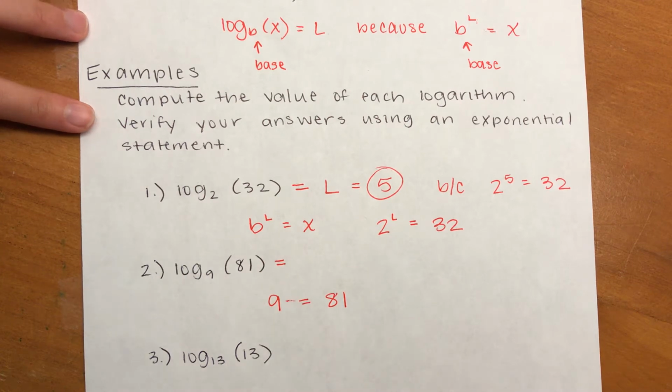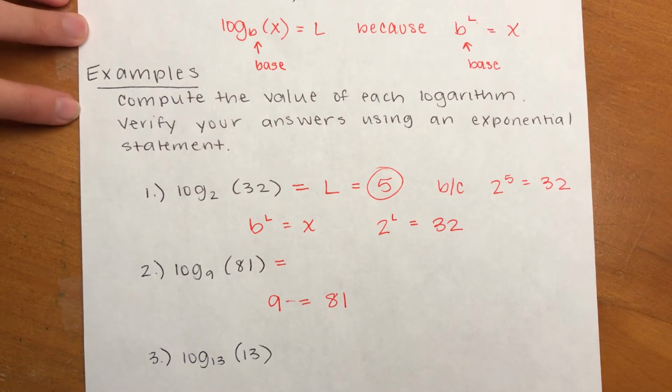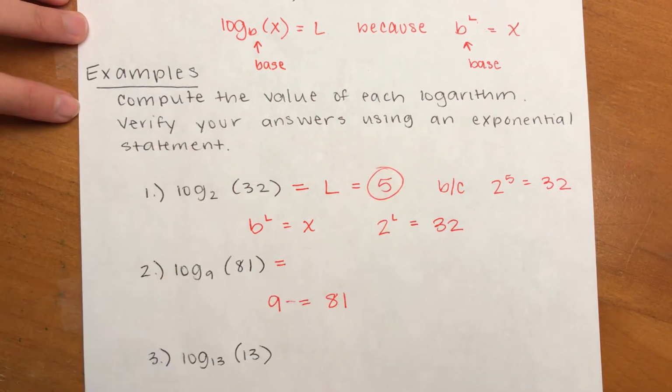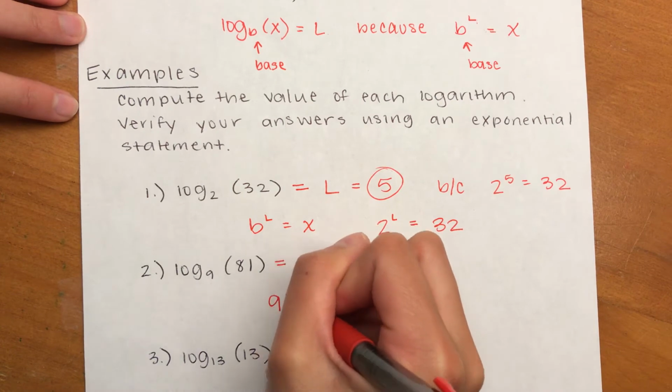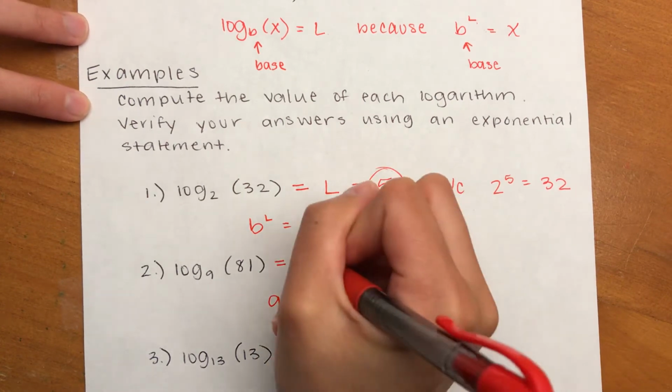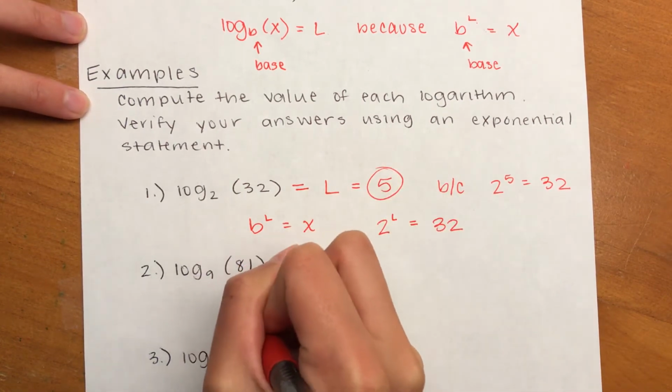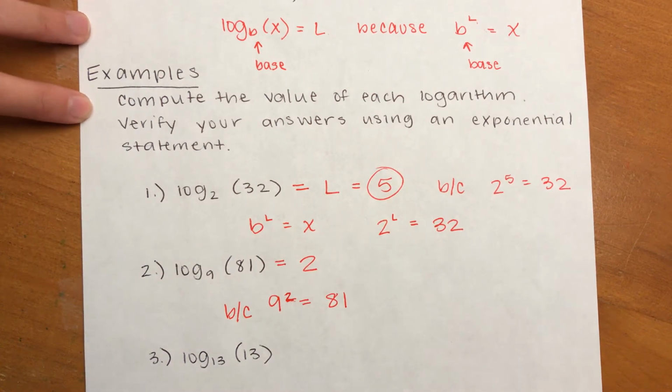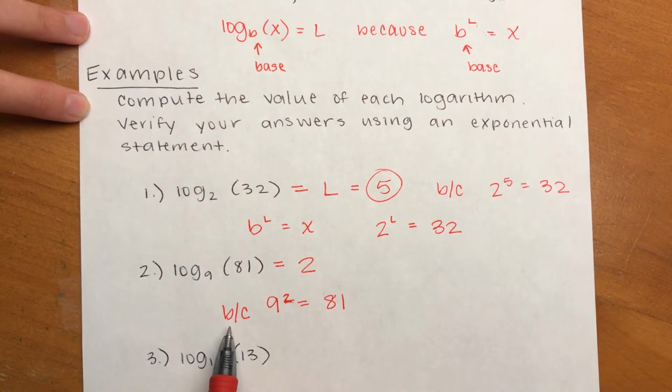We should be thinking 9 times 9 is 81, right? So that's how many 9s? That's 2 9s. So I'm going to say 9 squared equals 81. So my answer to complete the logarithmic statement is 2. My exponential justification is because 9 squared equals 81.